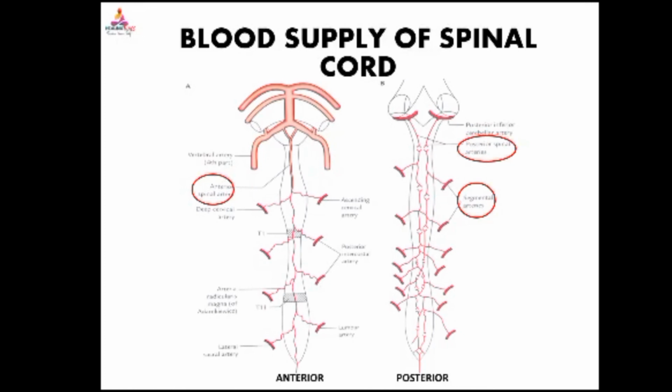The anterior radicular arteries are large but fewer in number than the posterior radicular arteries. Frequently, the anterior artery at the 11th thoracic segmental level is very large and termed the arteria radicularis magna.